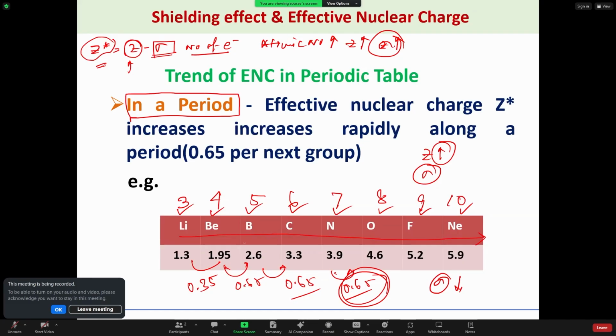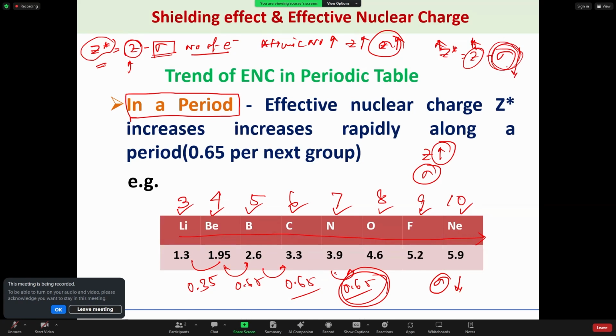So let's think about that again. Z star equal to Z minus sigma. This value is increasing, this value is also increasing. That means this value is increasing in the same strength, and this value is increasing in the same strength. That means this value is decreasing in the same strength.